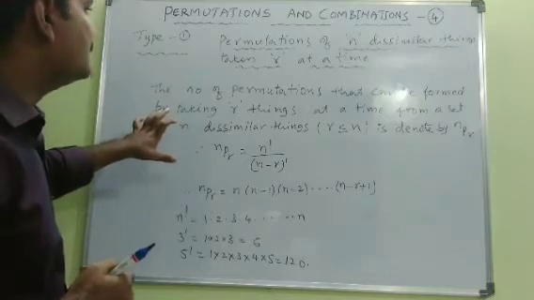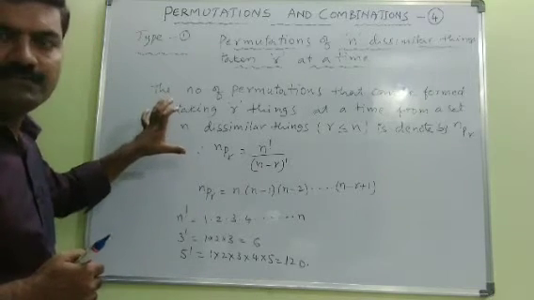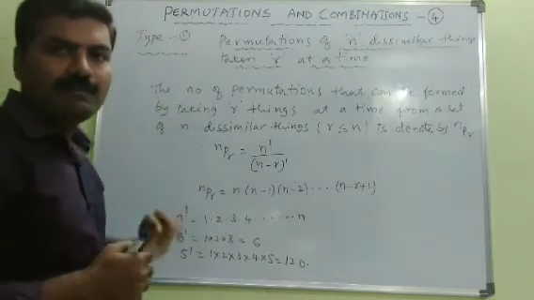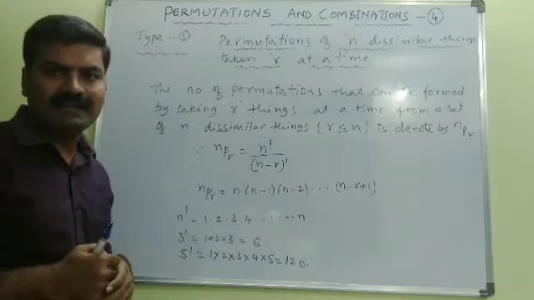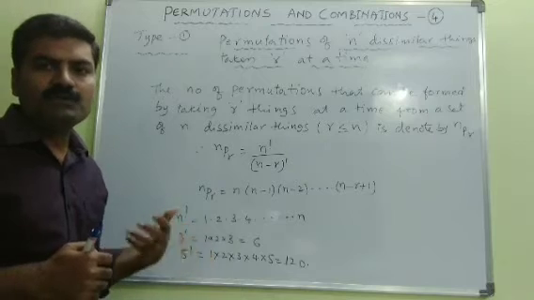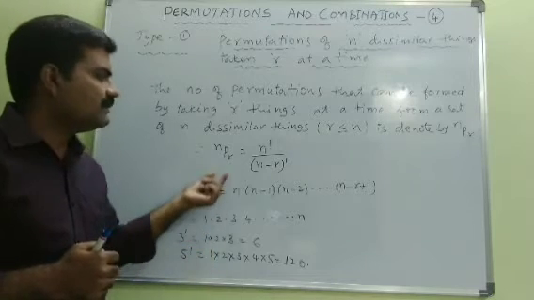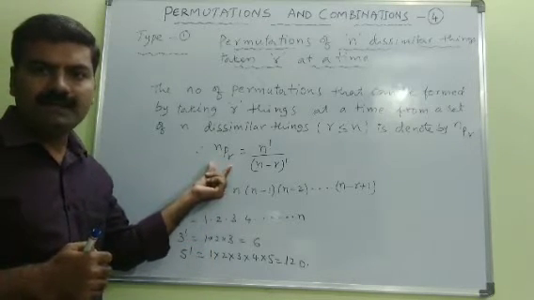We can solve this with the help of the fundamental principle of counting also, which I already explained in the last video. Now I want to solve the problems using the formula of nPr.